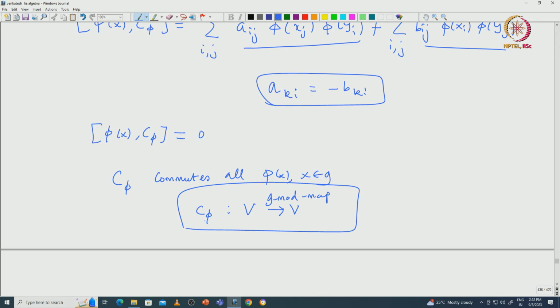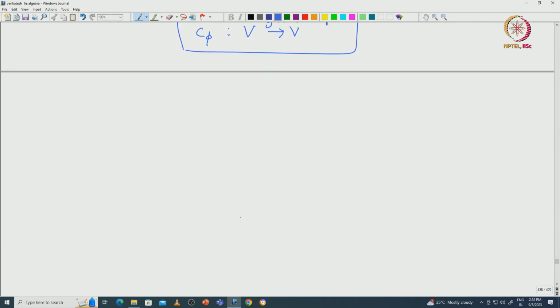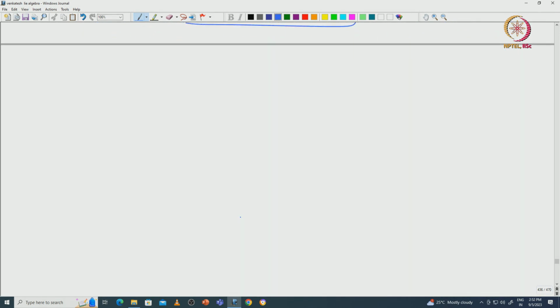Now what we are going to do is apply this when we take V to be an irreducible representation and see what happens. Let us recap what we have done so far.